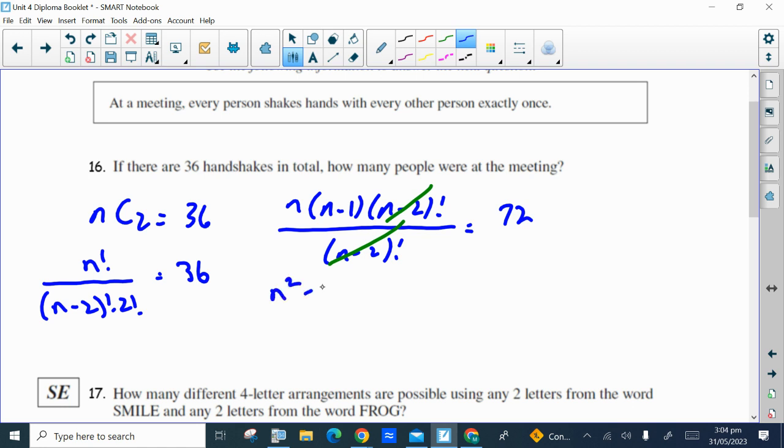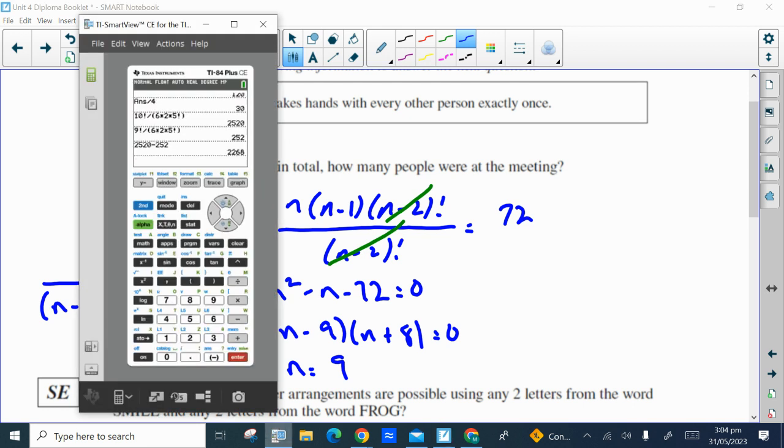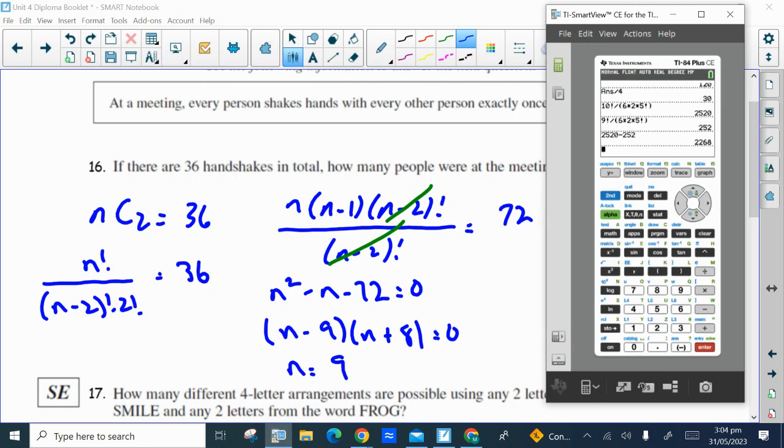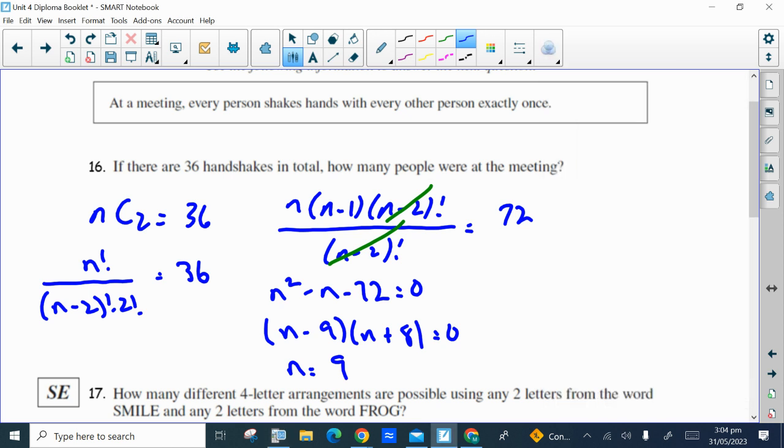We'll have n squared minus n minus 72 equals 0. n minus 9, n plus 8 are the factors. So n must equal positive 9. You cannot have n being negative. You can't select from a negative number of people. And we can check that. 9C2 should equal 36. And it does. So it does check.